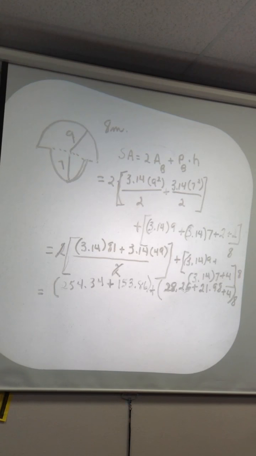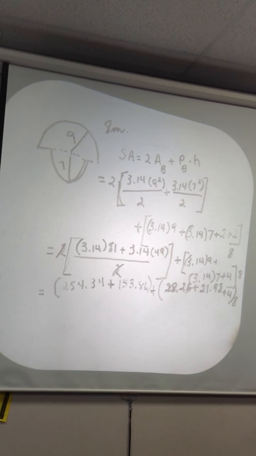All right, so now then, add these two numbers together, the 254.34 and 153.86, on your scratch paper. Just add them together.